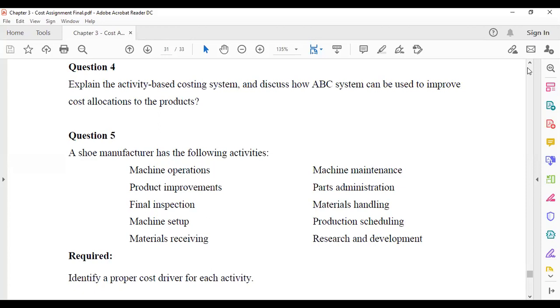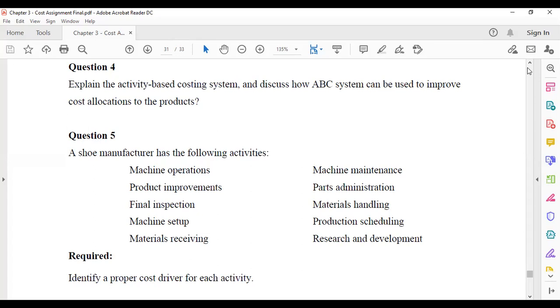But the most important thing in this activity-based costing is that our fundamental belief, or fundamental premise, is that the cost is caused by the activities, and the product, or the cost object, makes demand for these activities.